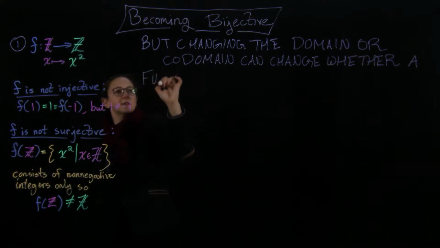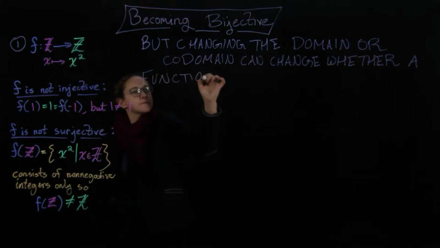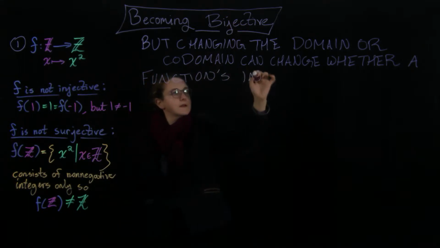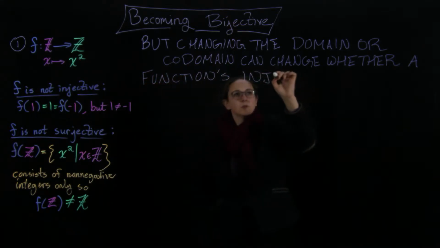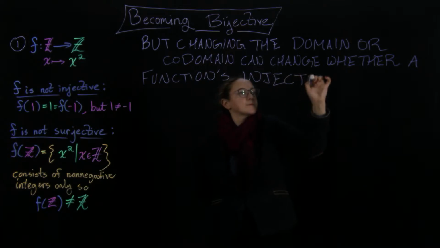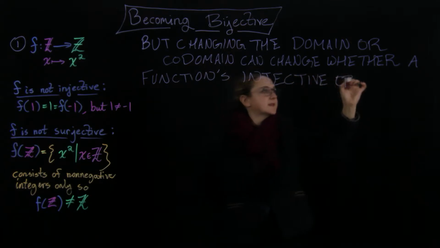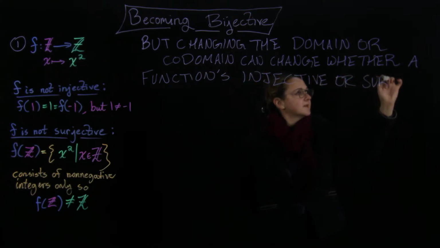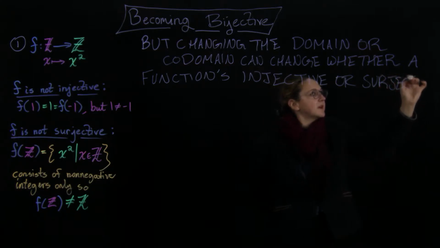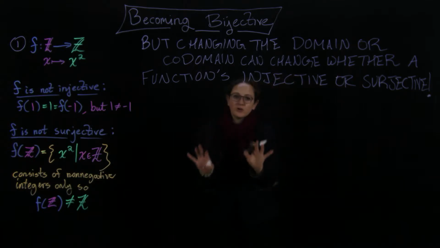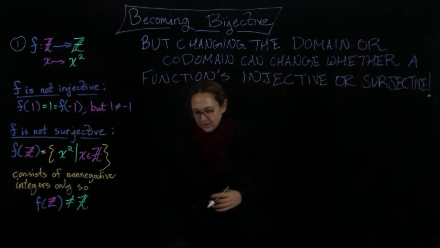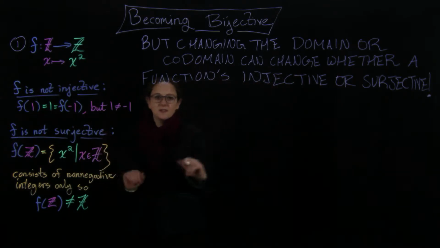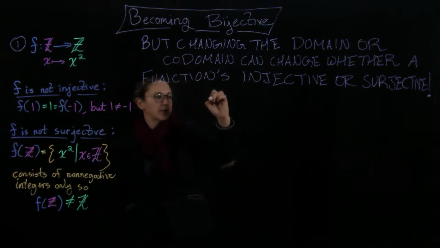So there's hope, and there are ways to change things. Sometimes you'll start out with a function, but you need a bijection, so you're going to need to alter things until you get a bijection, or at least until it's injective or surjective. Let's keep going with these examples.